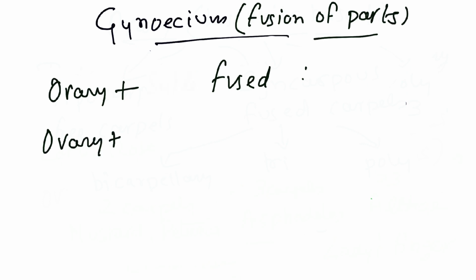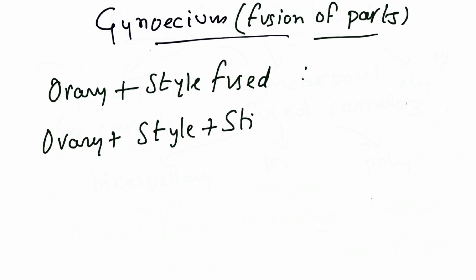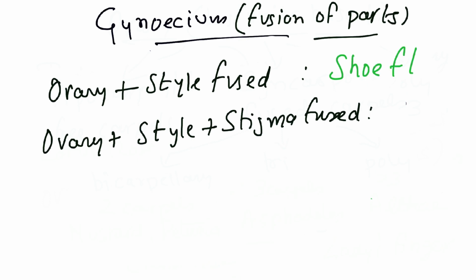And the case where the ovary, the style, and the stigma develop as a single unit, meaning these three parts are fused. These are two important divisions as far as the fusion of parts is concerned. The characteristic standard example for ovary and style fused is the shoe flower, of course the hibiscus, and for the case in which all three are fused, ovary, style, and stigma, we have the petunia.